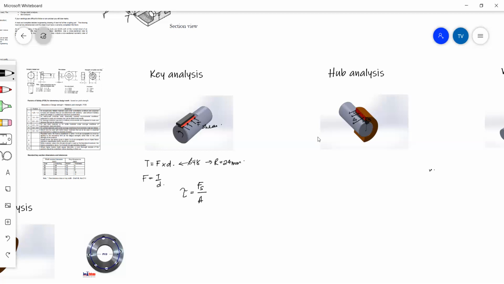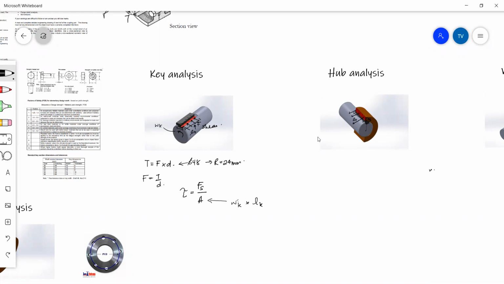The area being this red section here. This area has the dimensions of this and this. This is the width of the key, and this is the length of the key. So area is equal to the width of key multiplied by the length of key.